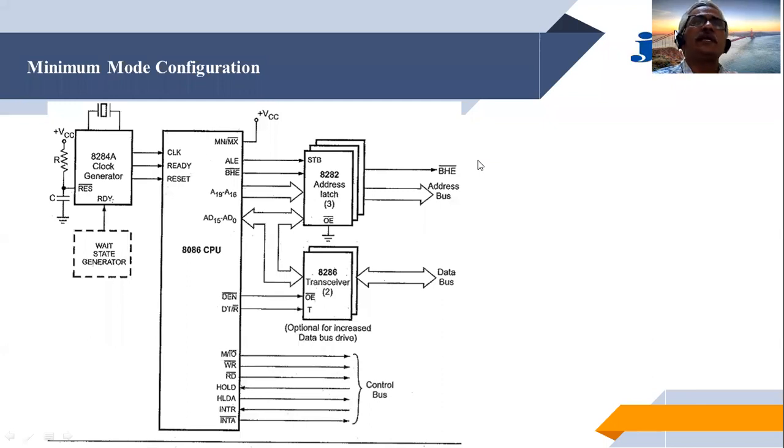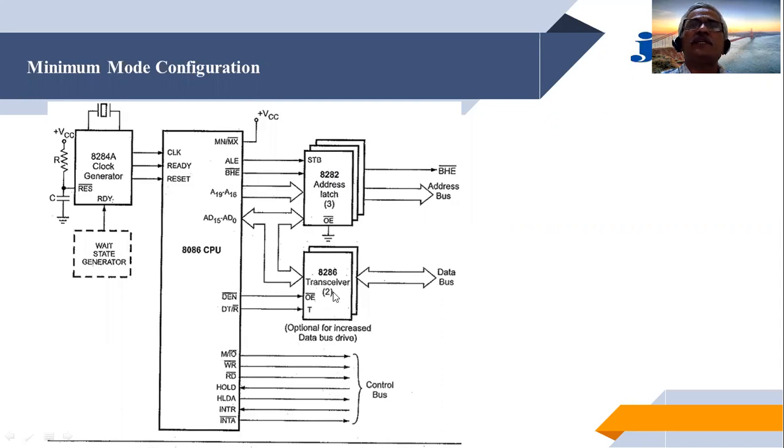Taking a recap, the components required for the minimum mode: an 8284 IC, a clock generator IC, and a set of at least 3 latches, because you have 20-bit address lines and the 8282 is an 8-bit latch.